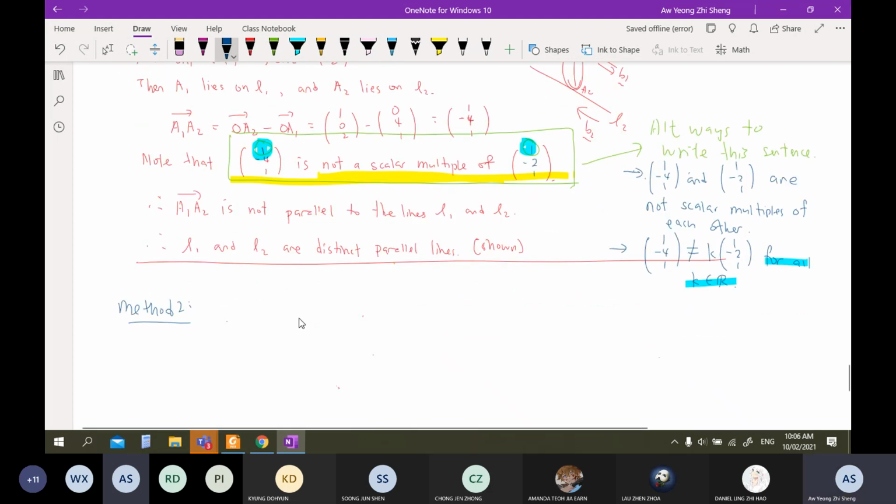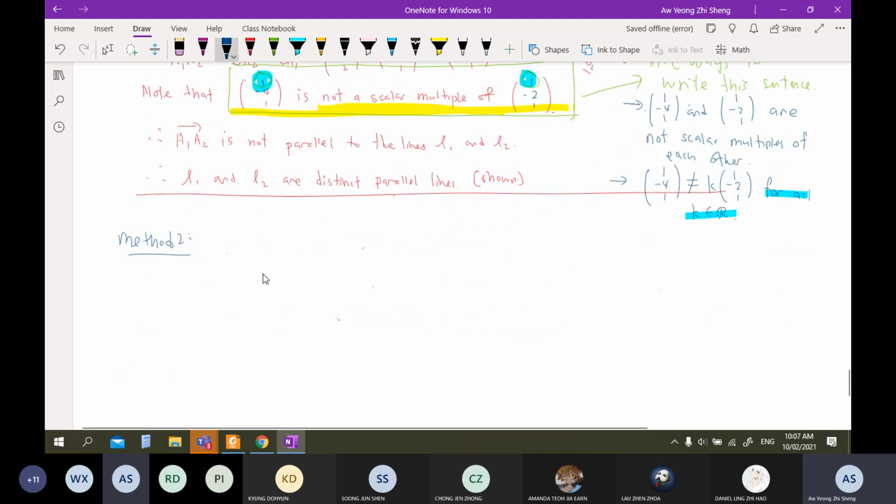Now, for method 2, some people may prefer this because it's kind of easier to understand. For method number 2, we just need to show that the point A1 doesn't lie on L2. For all and for any mean the same.